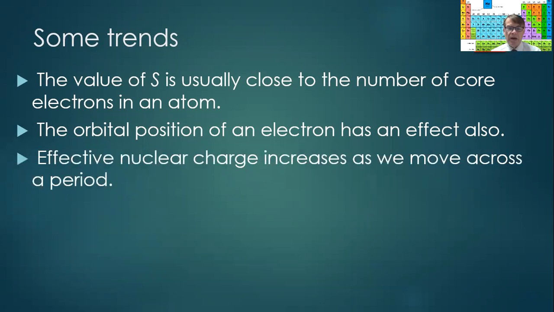Okay, so effective nuclear charge increases as we go from left to right across a period. As we go from the left with sodium and so forth, potassium, over to the right, we are going to see that the effective nuclear charge increases.